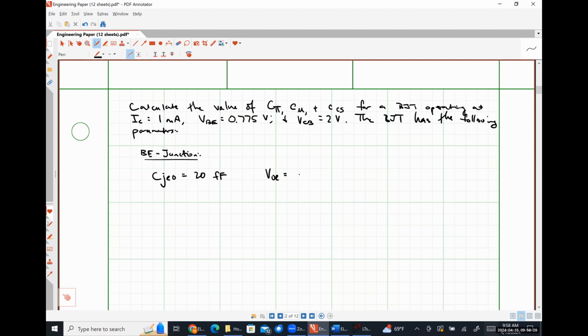V naught E is 0.9 volts. And the grading coefficient is 1/3.